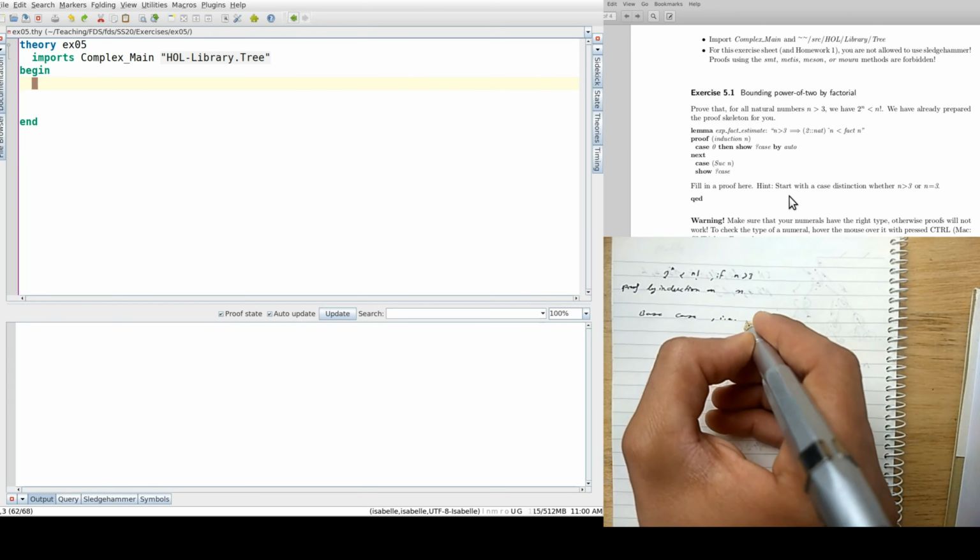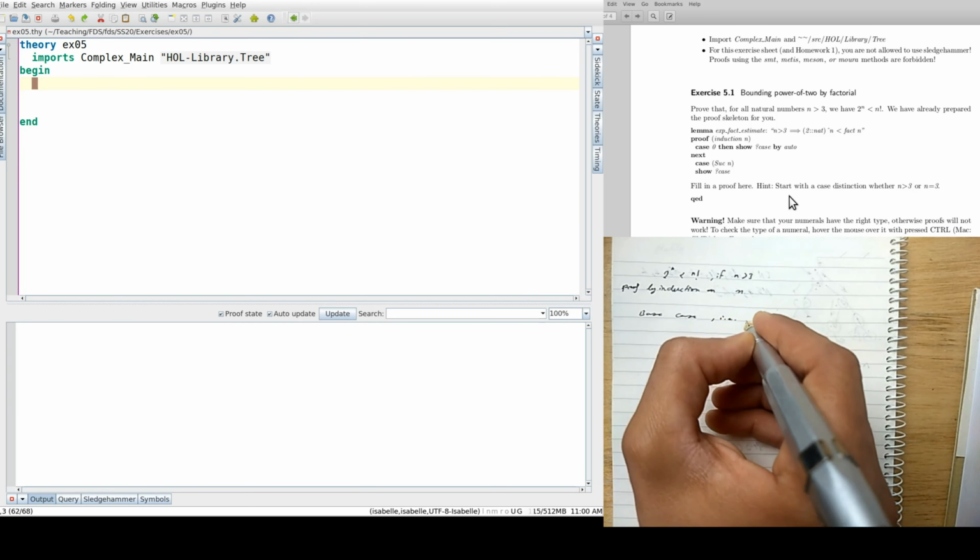Now the step case. What does it mean, not in Isabelle? When I say the step case in such a proof, what I mean is that informally we assume that the theorem holds for an n, and then show that from this, if we assume that the theorem holds for n, we can show from that the theorem holds for n plus 1.